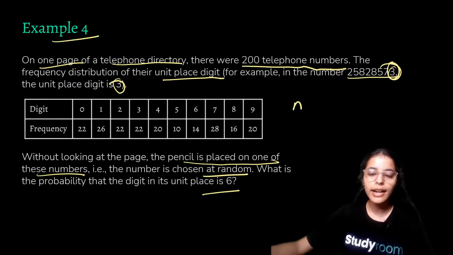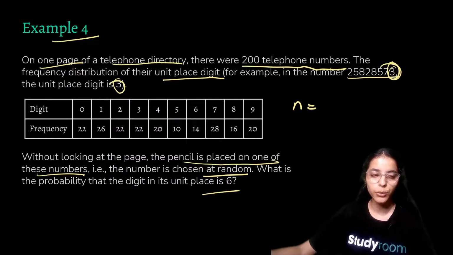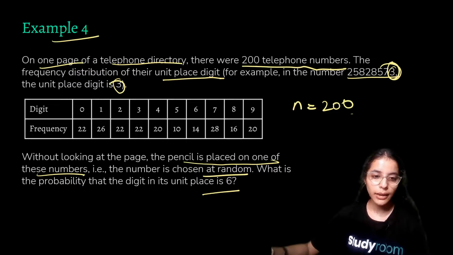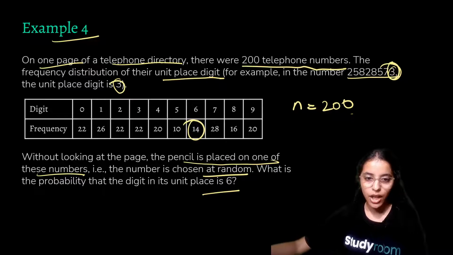Now, we know here that we are given 200 telephone numbers. So that means n, that is the number of trials, or the maximum number of times the event can occur, is 200, right? So our n is 200, and then the number of times 6 can come is, this is a 6, and the number of times it has come is 14. So we have our frequency to be 14.